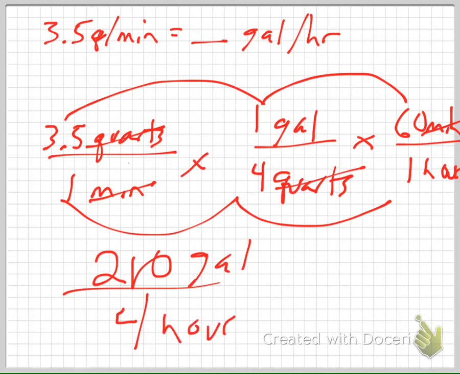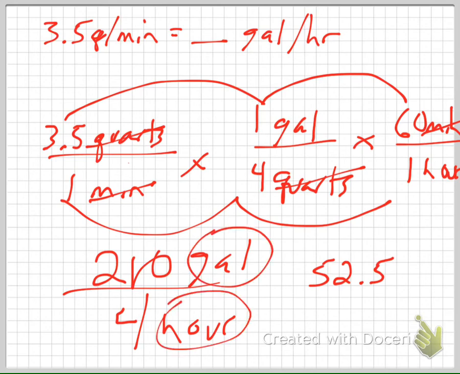What do I do with this now? Divide it, right? What is 210 divided by 4? 52.5 gallons per hour, which is up here, 52.5.